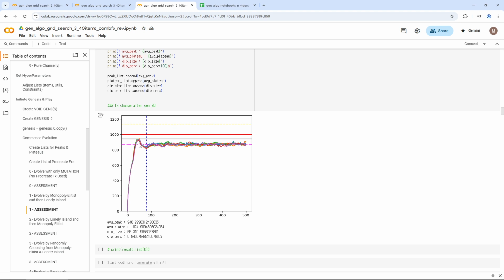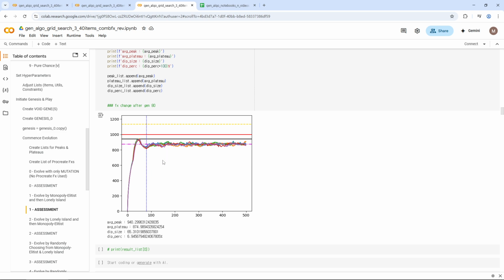So if you look here, it peaks at around generation 50, and then it falls down, and then it goes back up, only because we use monopoly elitist and we are preserving the top entities. So that's just weird.